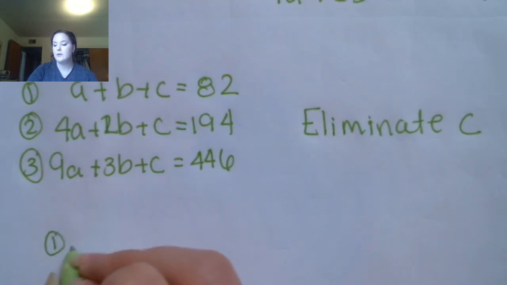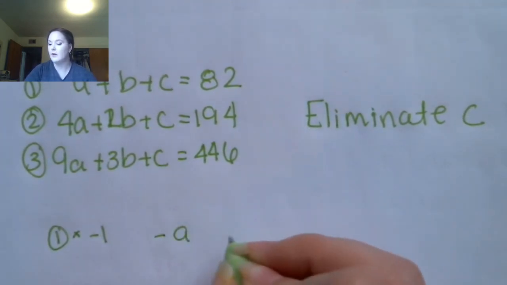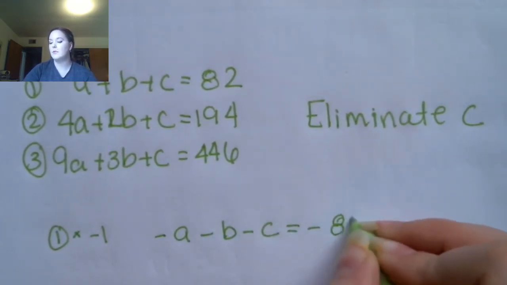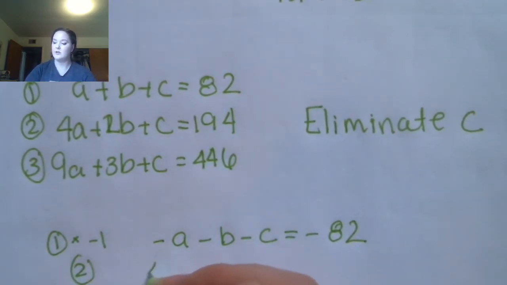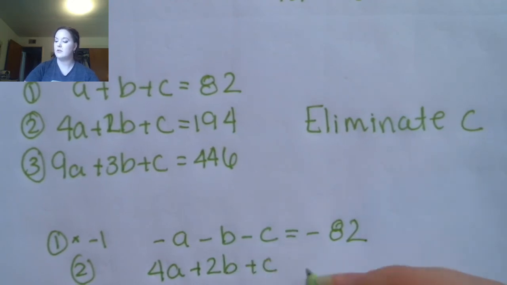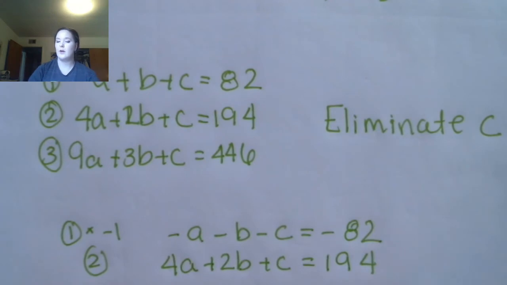Okay, so I'm going to do 1 times -1, so that will give me minus a minus b minus c equals -82. Okay, and then I'm just going to copy my second equation. So 4a plus 2b plus c equals 194. Okay, and I'll add them together.